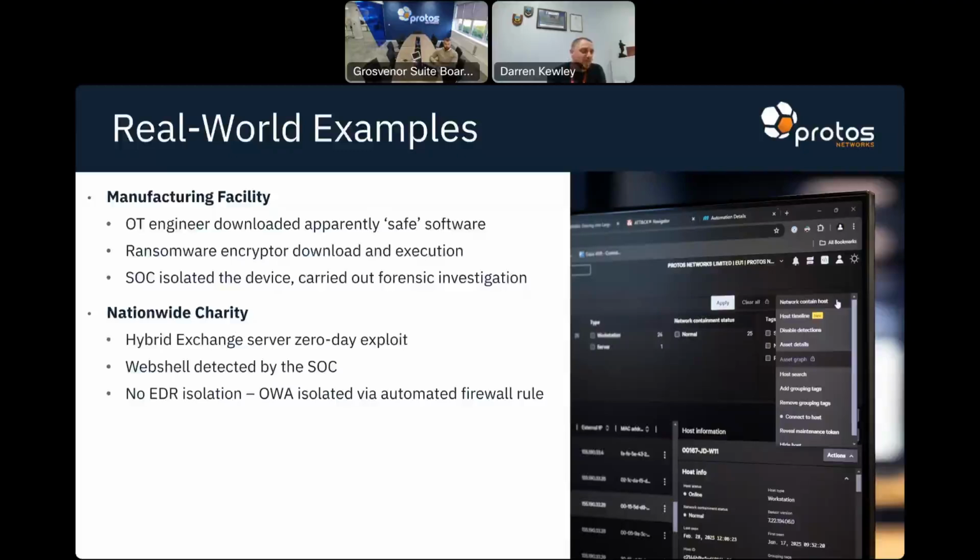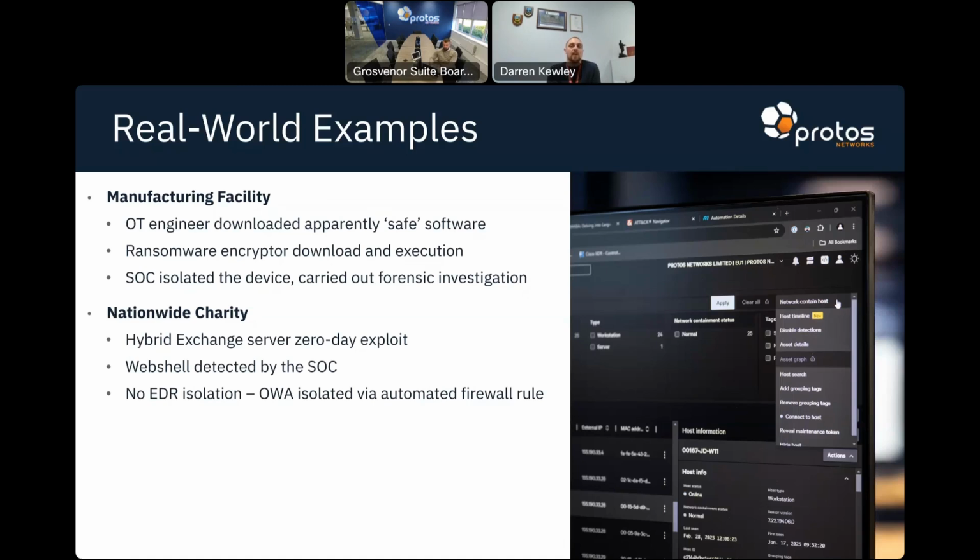So in this instance, our customer had been patching and they thought they'd patched. Overnight, Microsoft had launched an emergency patch that wasn't seen, and then at about 7 a.m. the next morning, we detected that a web shell had been installed on their OWA.